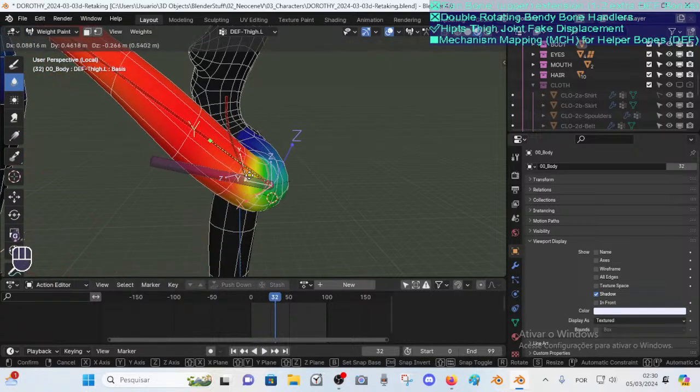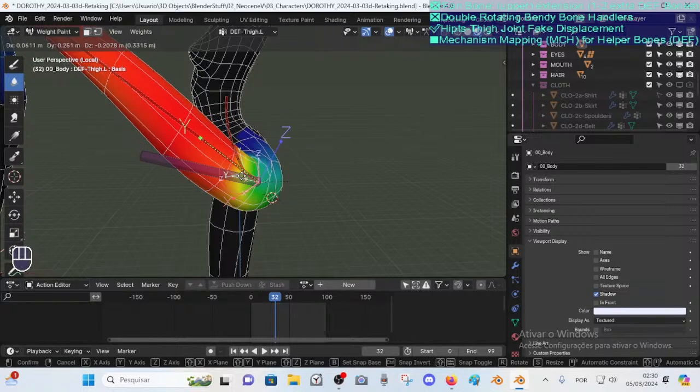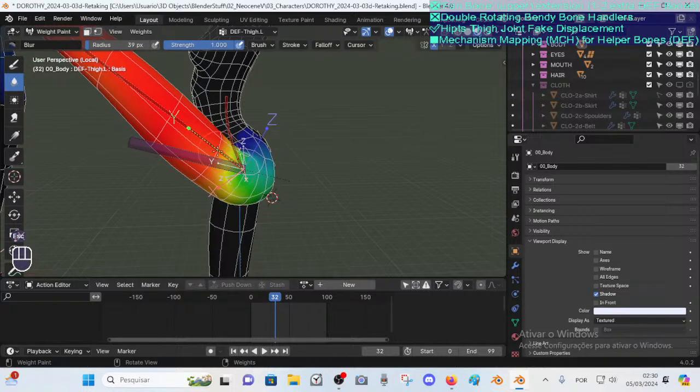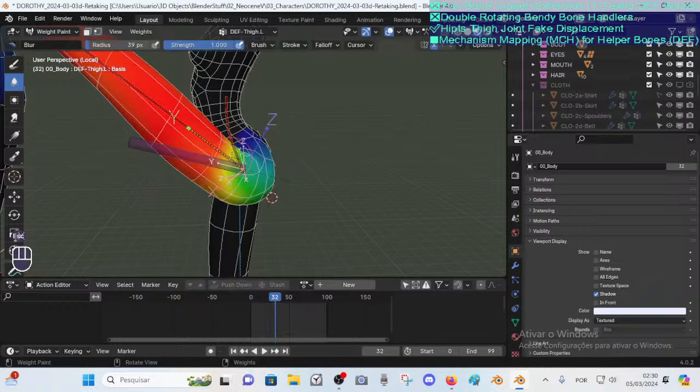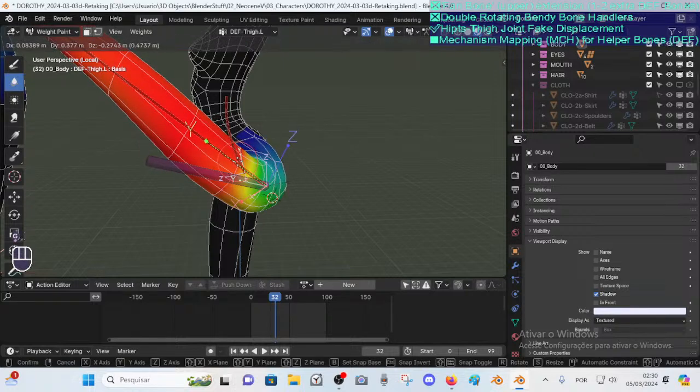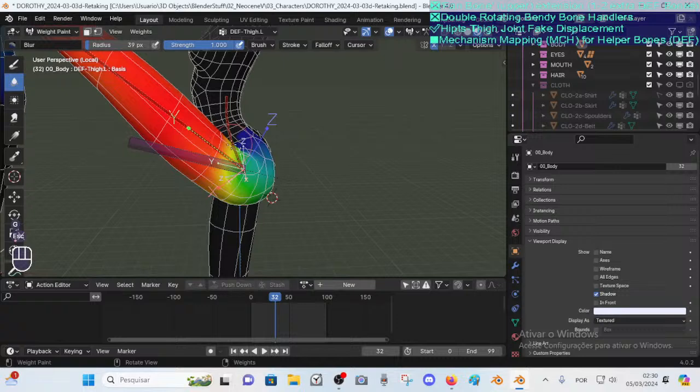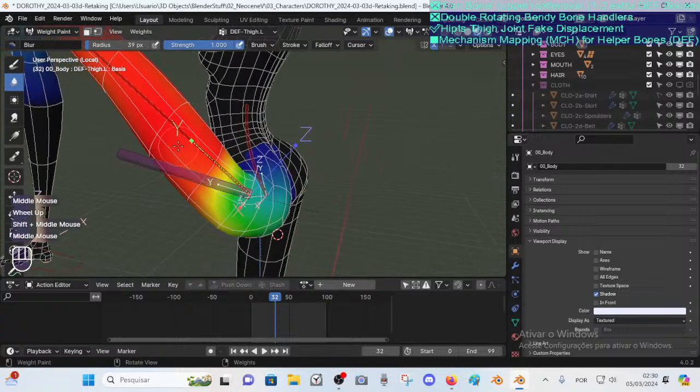But if I do this on the deform bone of the thigh, which is a structural bone for the limb, I'll be moving the joint, and that's ridiculous because maybe it works, but it's unnatural. We're moving the pivot point of the thigh. It's not like that in real life, right?